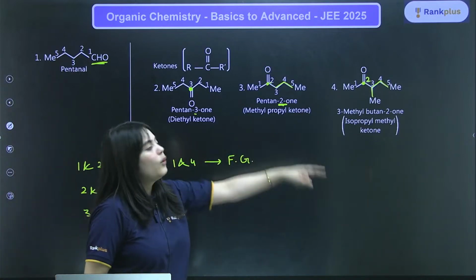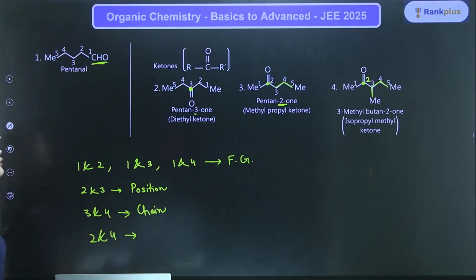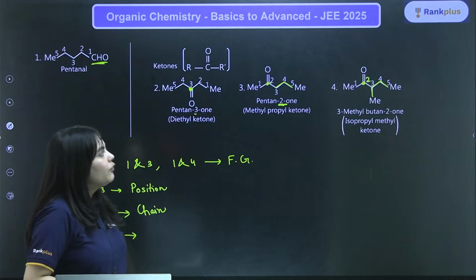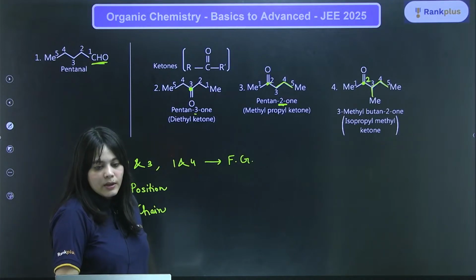2 and 4. What kind of isomerism are 2 and 4 showing?